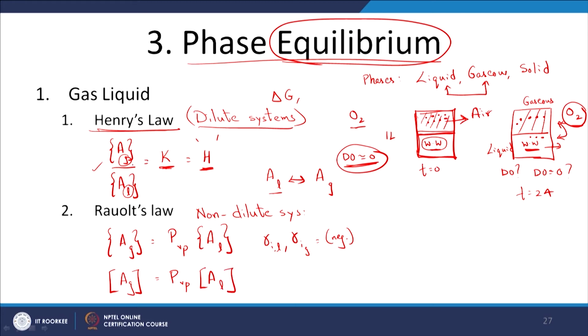Same case here too: if the activity coefficients are small, obviously this is a dilute system, so you can say the Henry's constant is also equal to the concentration of the compound in the gaseous phase over the concentration of the compound in the liquid phase, pardon me. So obviously the difference between these two cases is that Henry's law is applicable for dilute systems, Raoult's law for non-dilute systems.